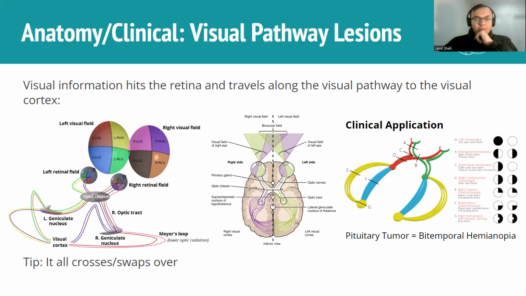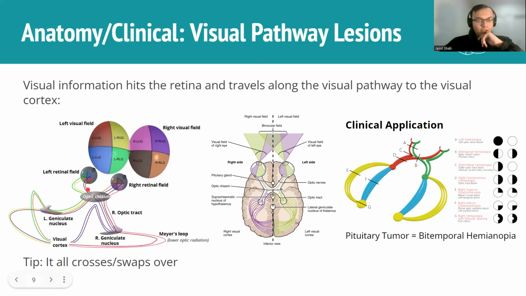The next bit though is talking about the superior and inferior distinction. So the superior visual field, the upper quadrants, end up again at opposite parts. What happens here is that your left upper quadrant is detected by the medial lower quadrant of the retina.